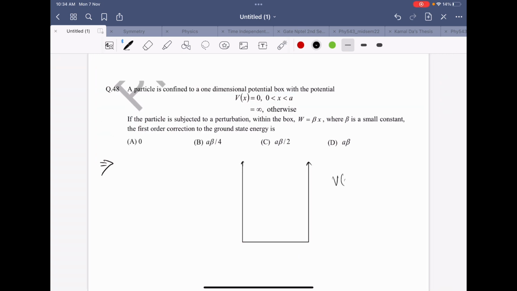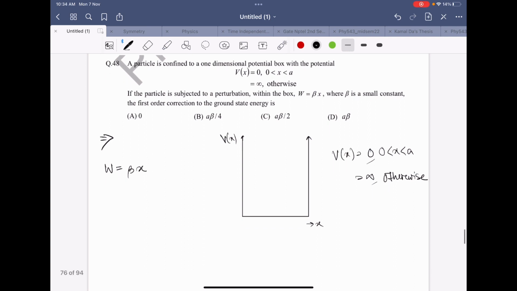So V(x) is 0 for 0 to a and infinity otherwise. So this one is V(x), this is x. Now the perturbation is given as W equal to beta x. So we need to calculate the first order correction to the ground state energy.